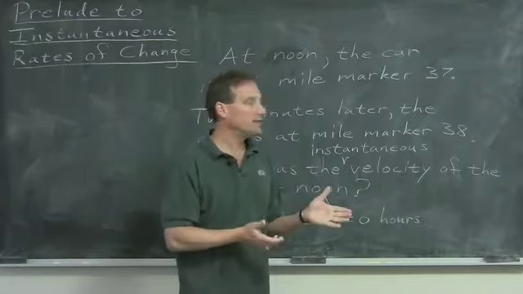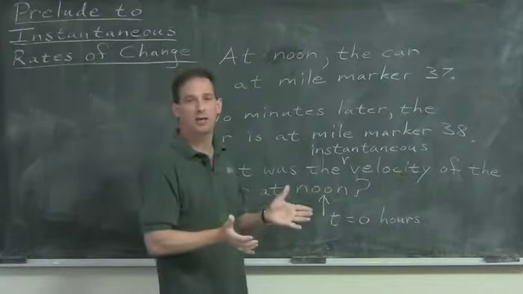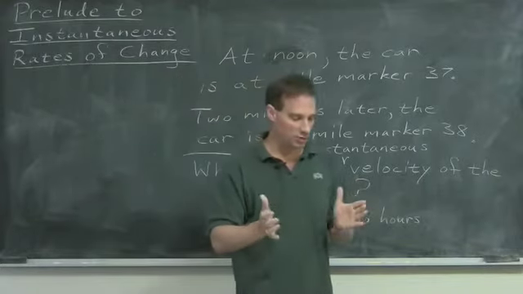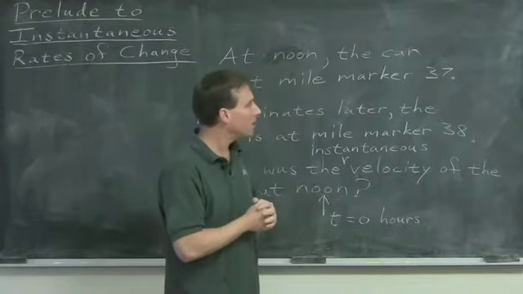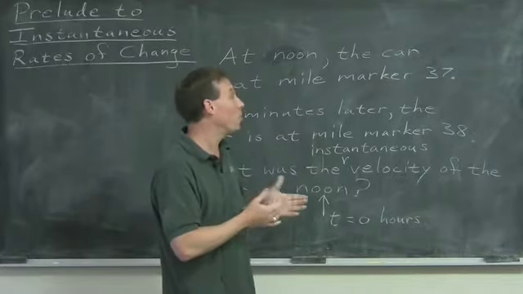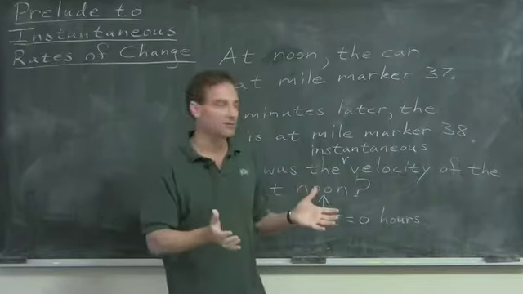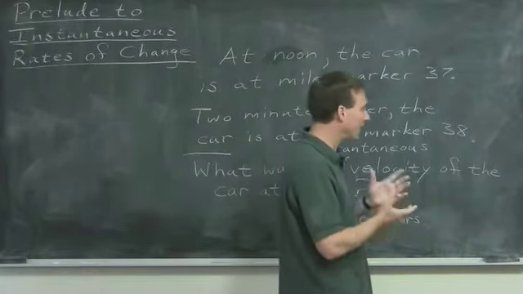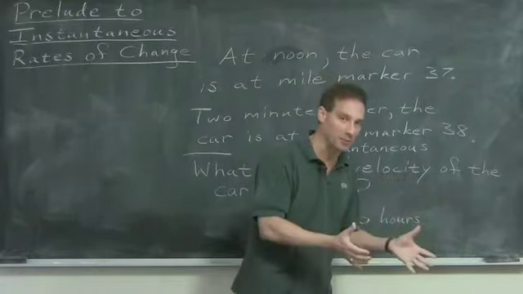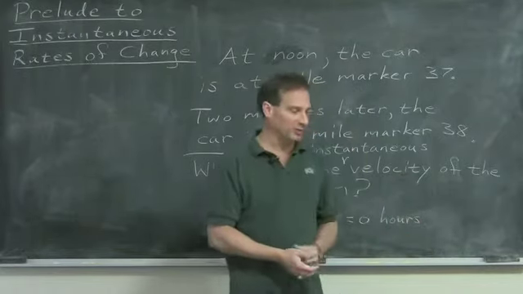Maybe a tenth of a second isn't good in other physical situations. Maybe that's too big a time interval and the velocity could change too radically in that amount of time. So we don't want to use the average velocity over a 1/10 of a second interval. We'd like to take no time interval, or the smallest possible time interval.